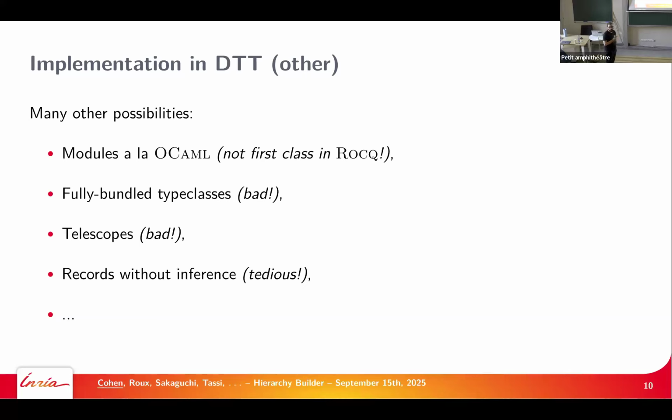Modules from OCaml, well, they're not first class, at least in the Rocq proof assistant, so you lose the ability to freely quantify over your usual algebraic structures. And records without inference are really hard to use because you need to explicit all the time the proof of everything without help from the proof assistant, which makes the proof assistant not so assistant.